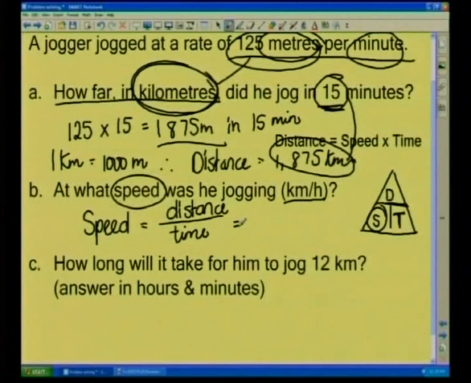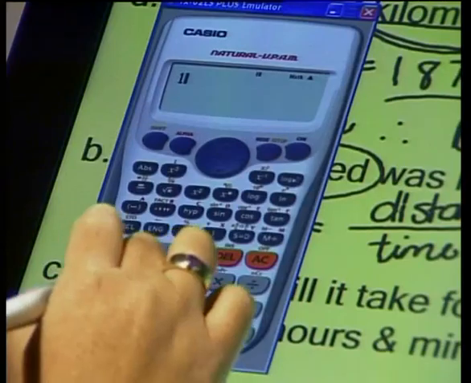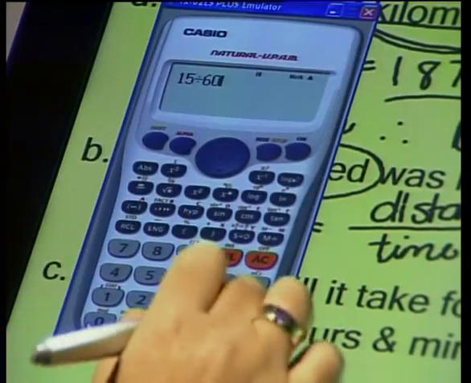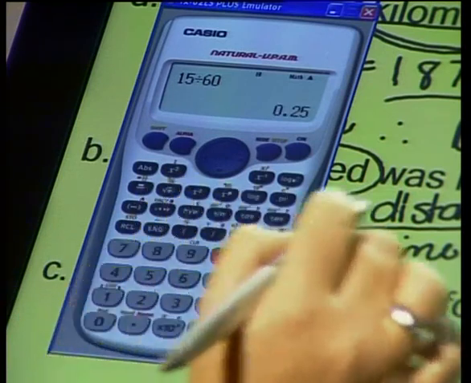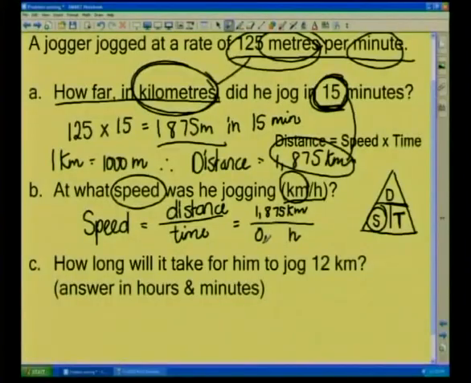So I'm going to say my distance was 1.875 kilometers. I'm also using that because it's in the units that I wanted. And then I need to divide it by how many hours. And 15 minutes, if I convert that to be hours, I would say 15 divided by 60 is a quarter of an hour, which is true, and I'm going to change that to a decimal, so it's going to be 0.25 hours.